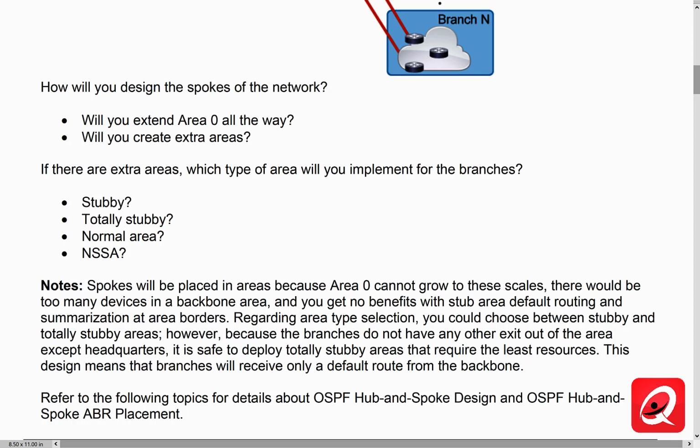In either case, whether it's stub or totally stubby, a default route is going to be sent into the area. And if that default route is preferred, then we'll choose that path. Remember, we do have the option. I don't know if you recall this from your OSPF days, but we have the option of setting the seed metric for those external default routes that are being injected automatically by the ABR when we create a special area type.